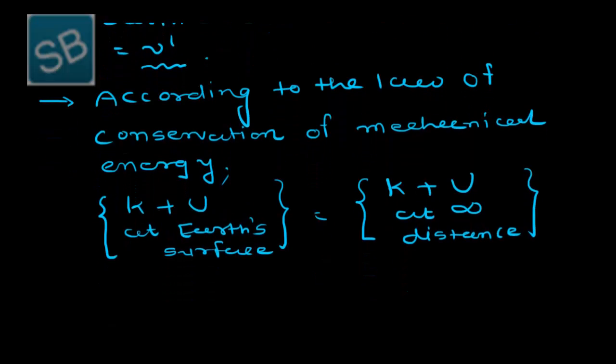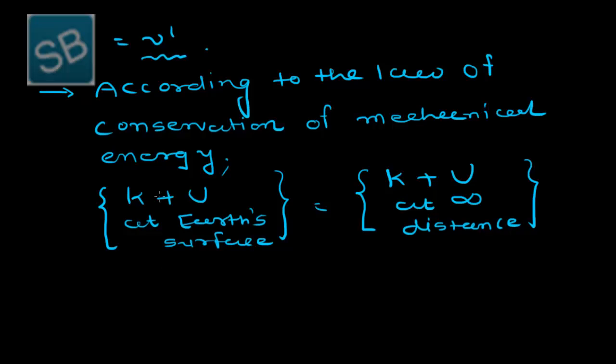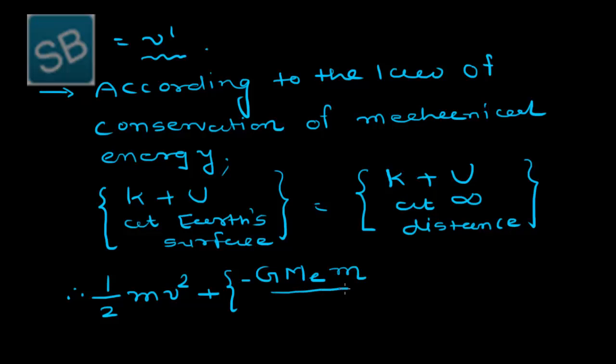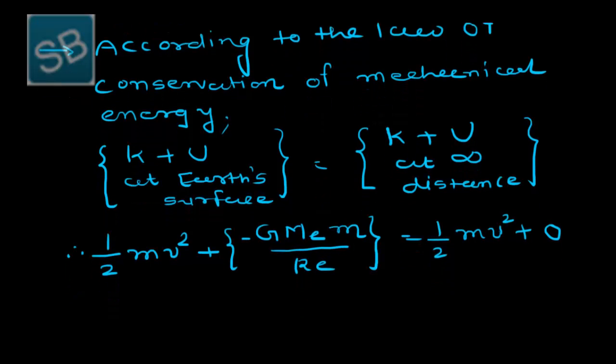So both will be equal. And here, what will be the kinetic energy? It is half mv square plus the potential energy is minus G mass of earth into mass of the body divided by radius of the earth. And on the right hand side, only kinetic energy will be affected and the potential energy will be 0.